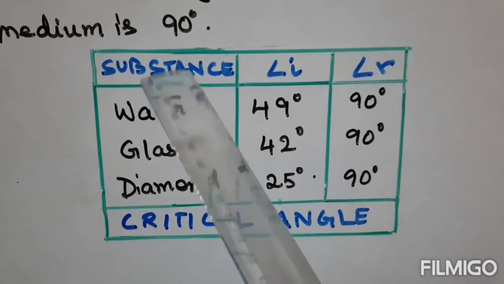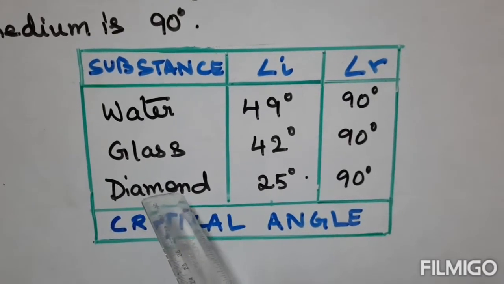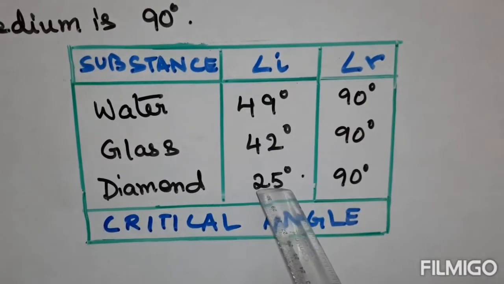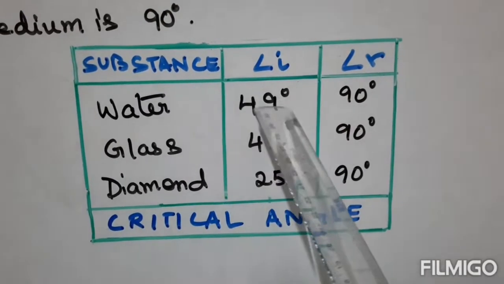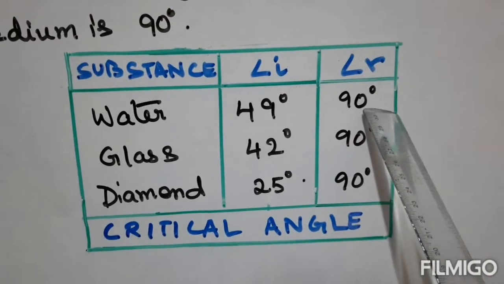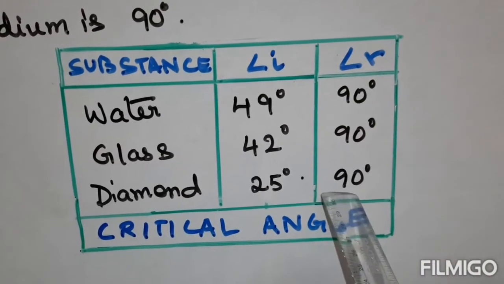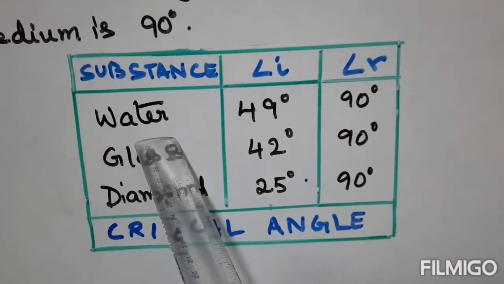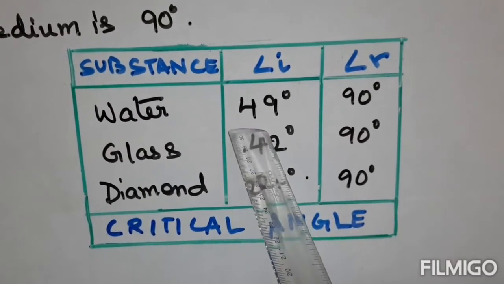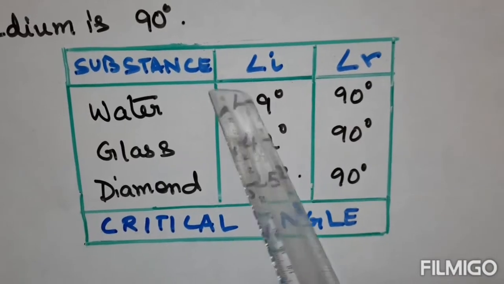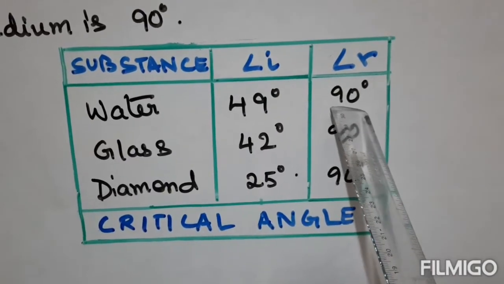Here are some of the substances whose angle of incidence is given and the corresponding angle of refraction in the rarer medium is 90. For water, the angle of incidence is 49, for which the corresponding angle of refraction is 90.